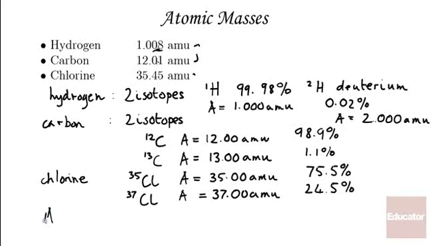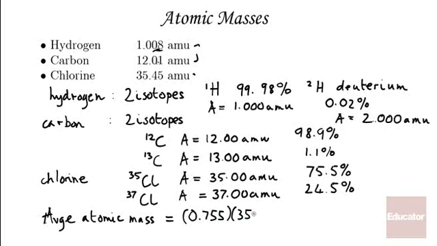The average atomic mass must equal 35 times 75.5%, that is 0.755 times 35, plus 24.5%, that's 0.245, times 37.00.